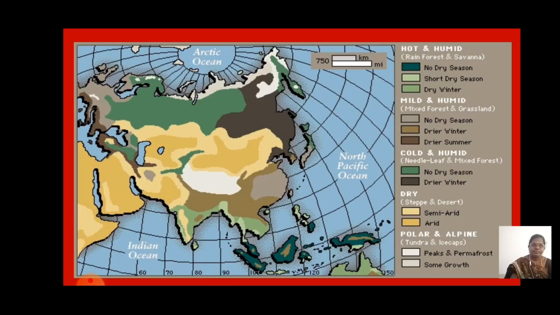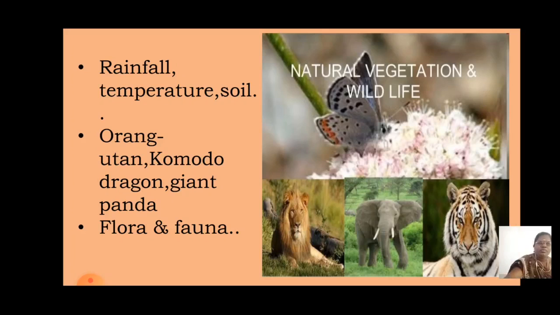The cold deserts of Asia are the Gobi desert and Taklamakan. The largest desert is the Arabian desert. And next comes natural vegetation.